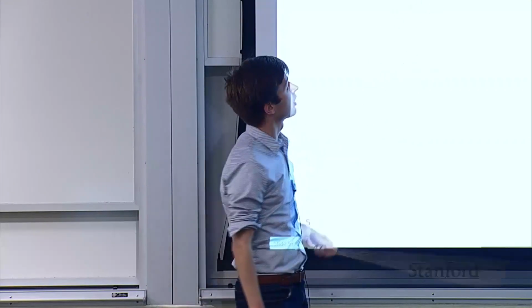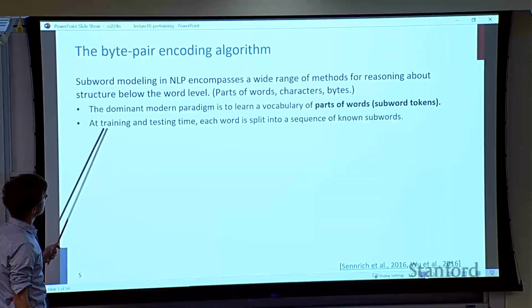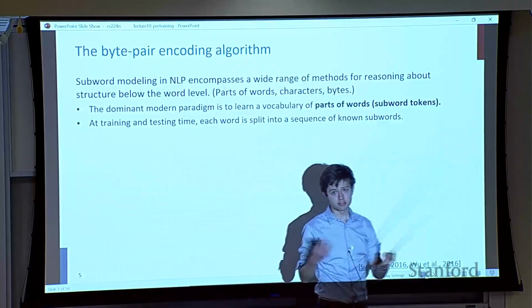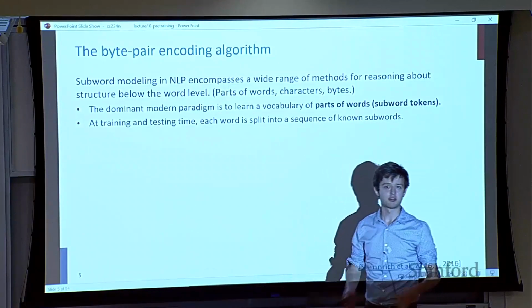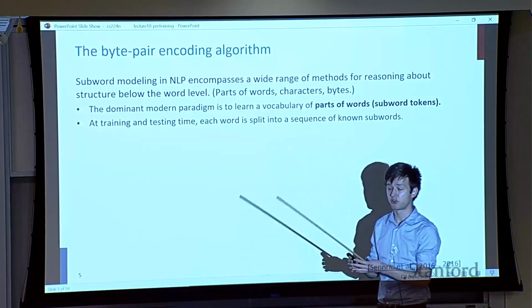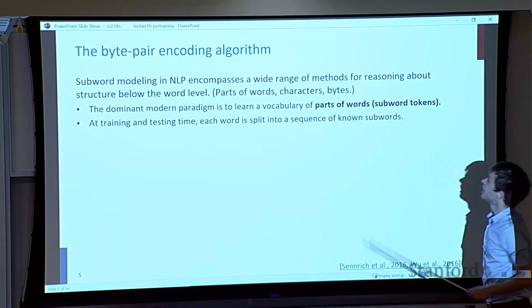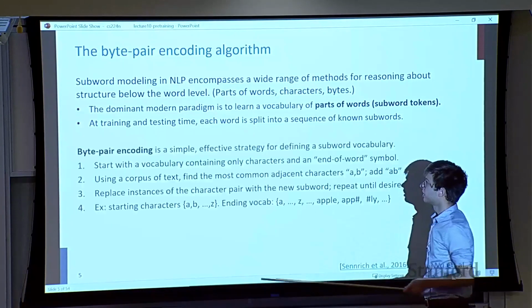So byte pair encoding. What we're going to do is learn a vocabulary from a training data set. Instead of just saying everything that was split by my heuristic word splitter, like spaces in English, is going to be a word in my vocabulary, we're going to learn the vocabulary using a greedy algorithm.